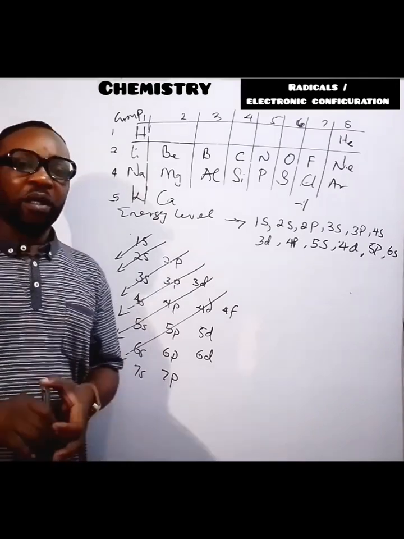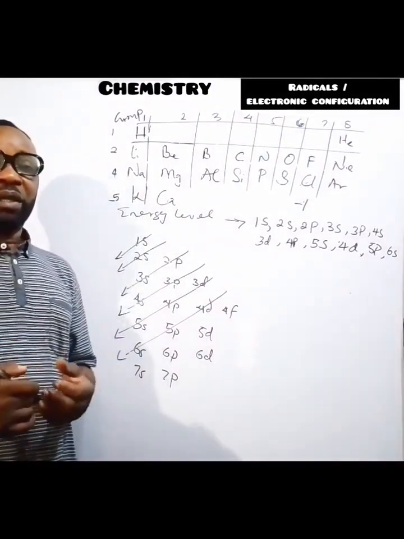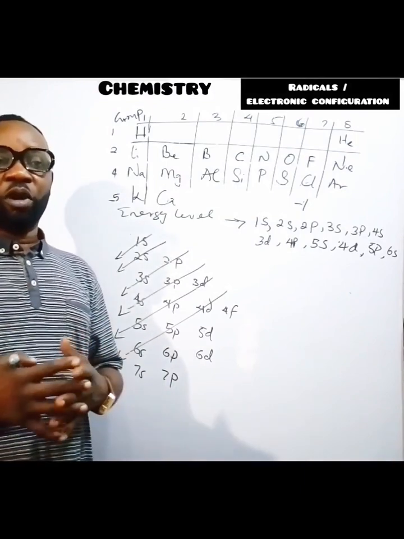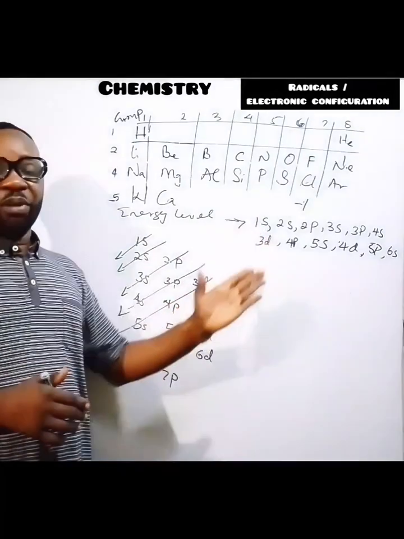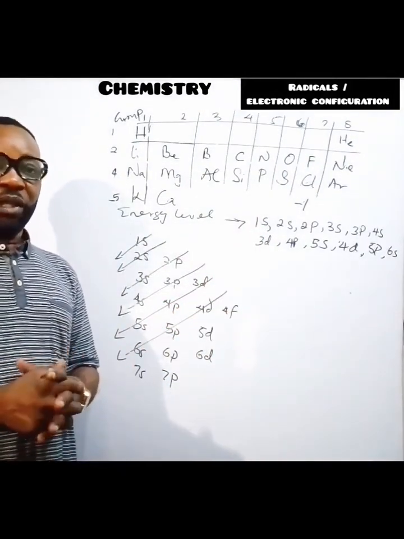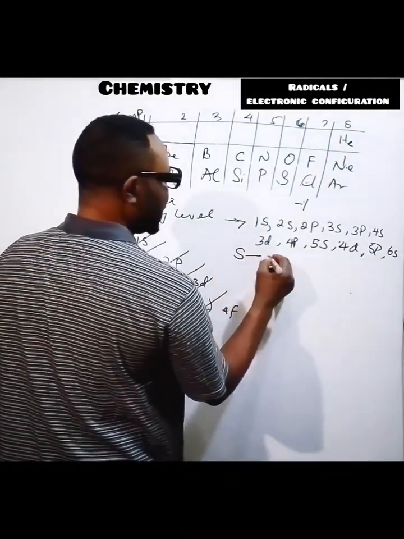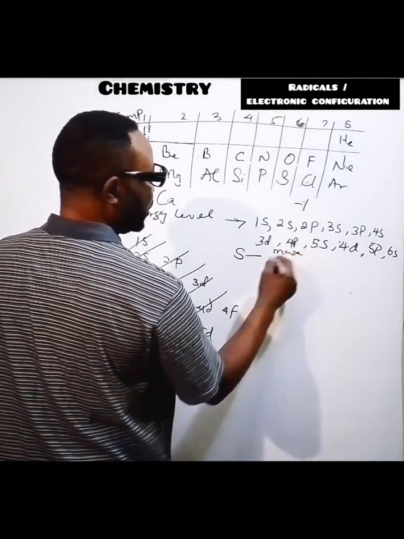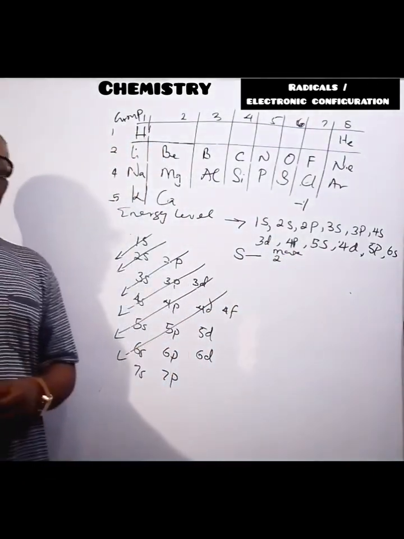Now, an important thing again to note here is the maximum number of electrons that each s orbital, p orbital, d orbital, and f orbital can have. For the s orbital, the maximum number of electrons it will have is 2. It must not have more than 2.